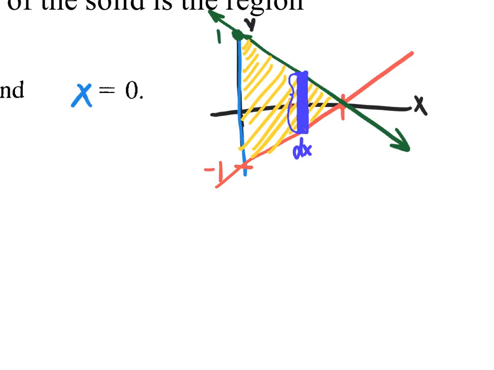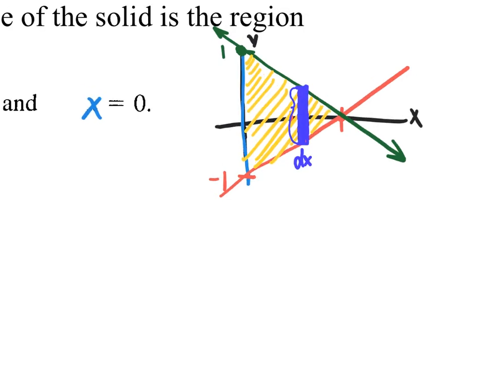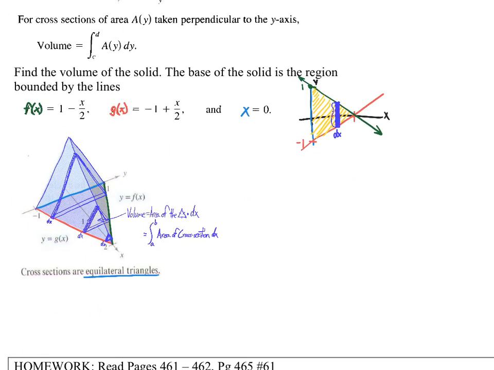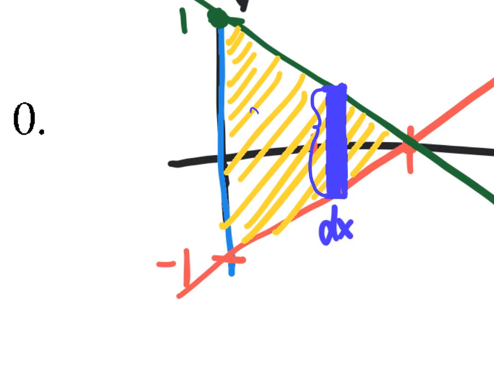Yeah, we're going to take the upper function minus the lower function, right? So that right there is f of x minus g of x.